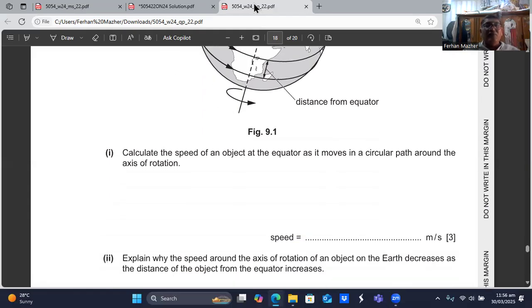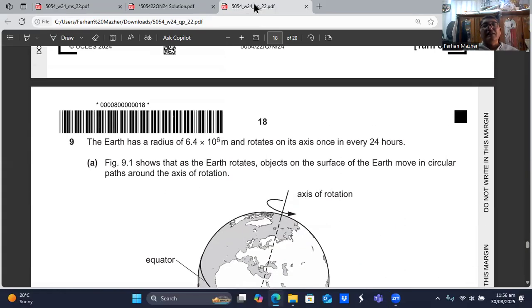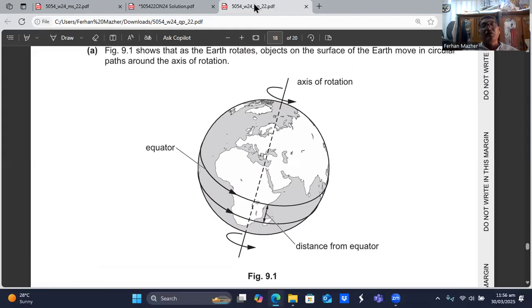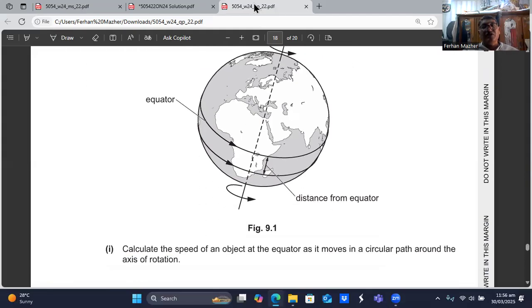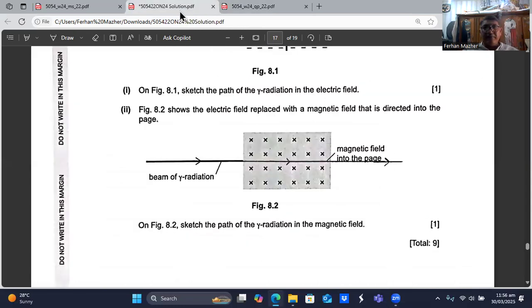Calculate the speed of an object at the equator as it moves in a circular path around the axis of rotation. This is 2πr divided by time. The radius of the Earth at the equator is 6.4 × 10^6 meters. So the formula is 2πr divided by time. Very easy.